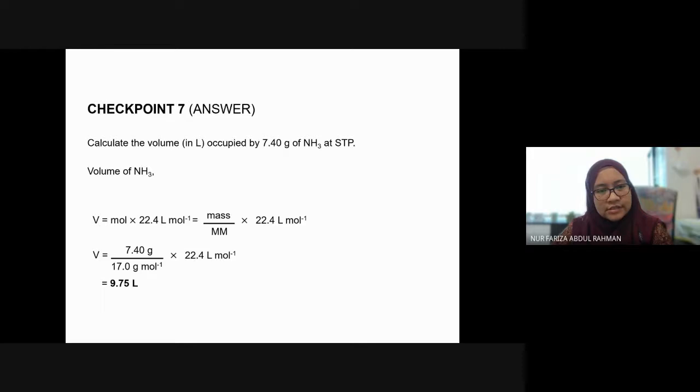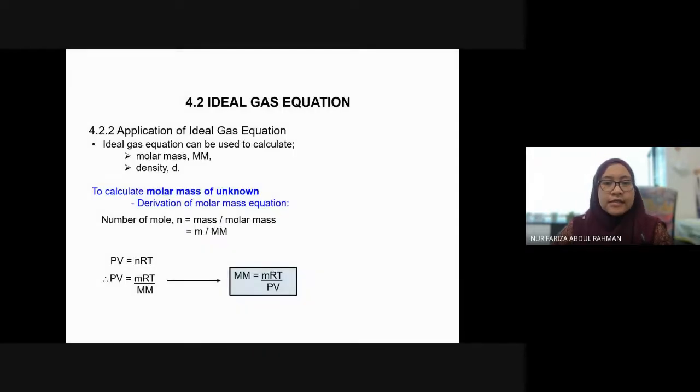So this is the answer just now. Next we have the ideal gas equation. From this ideal gas equation, we can determine the molar mass, the mass, and also the density.